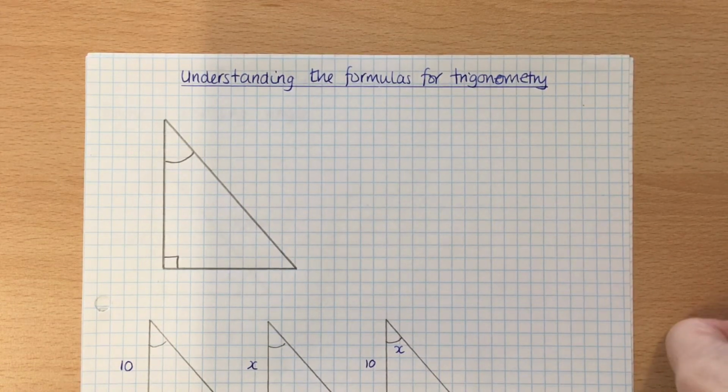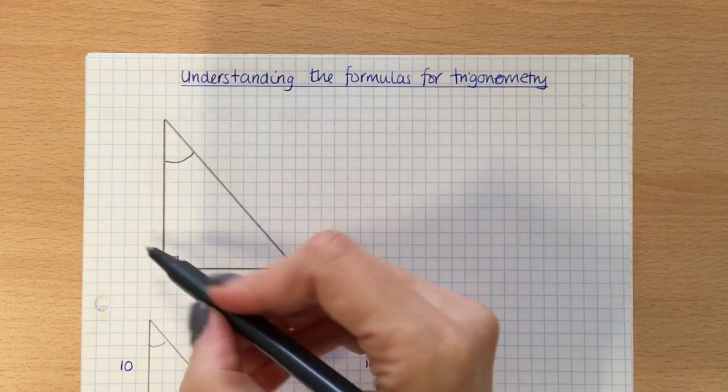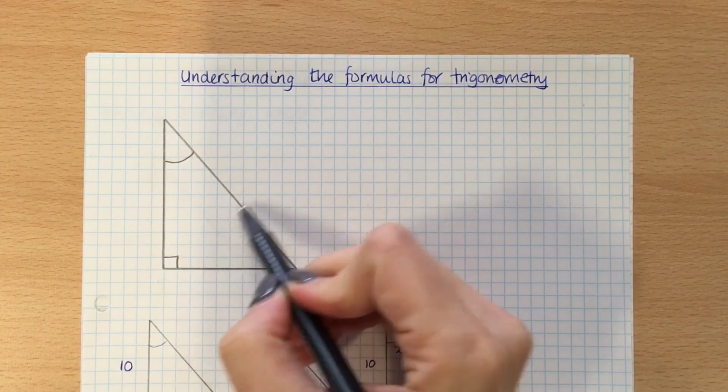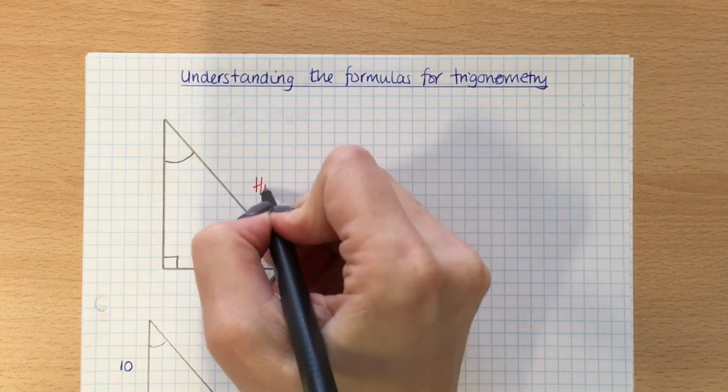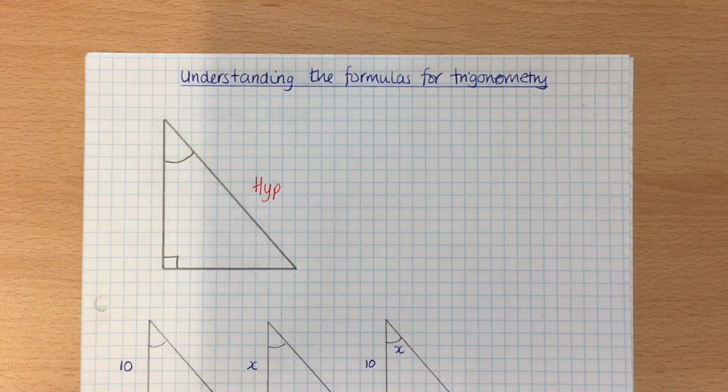We use the words opposite, adjacent and hypotenuse. You've probably used the word hypotenuse before with Pythagoras. That is the longest side of the right angle triangle, so it's always opposite the right angle. So this is the hypotenuse. I'm going to call it hype for short. Then we've got the opposite, and that is the side that's opposite the other angle that's given.